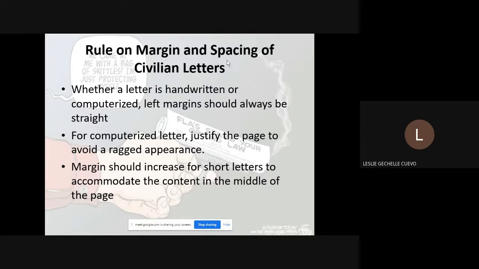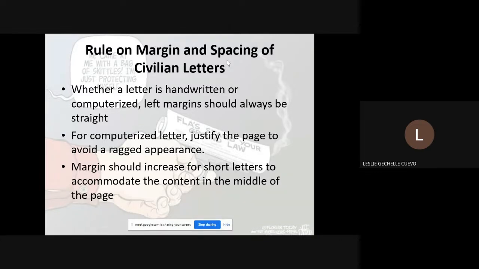Hindi kasi sa right kasi depende. Dahil minsan 'di ba, hindi sakto yung mga words natin doon sa margin. So, ang ginagawa, yun ay kapag hindi naka-justify. Kaya nga doon sa sunod, ang sabi, justify the page to avoid a ragged appearance para pantay din siya doon sa right margin. Yung mga words, yung mga sentences nyo, straight din siya.